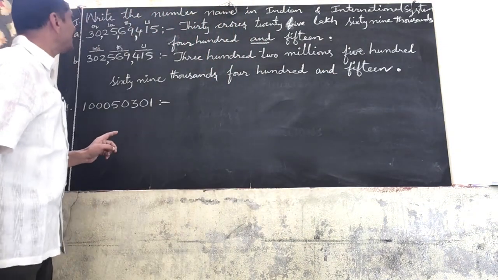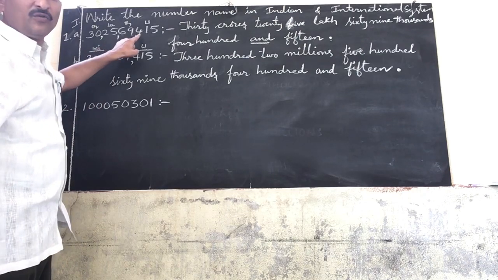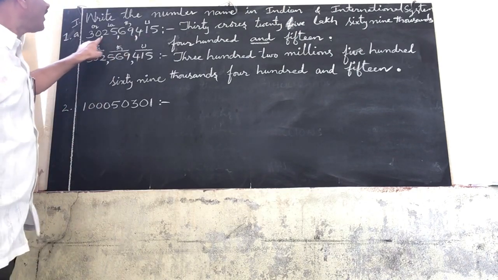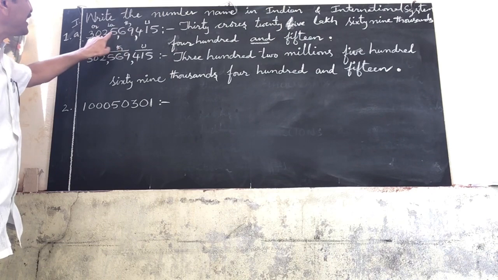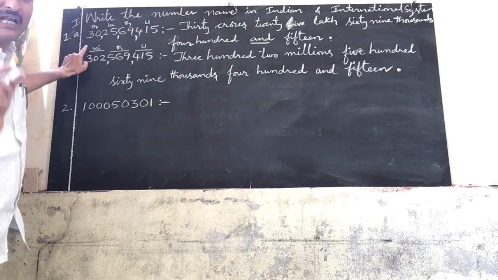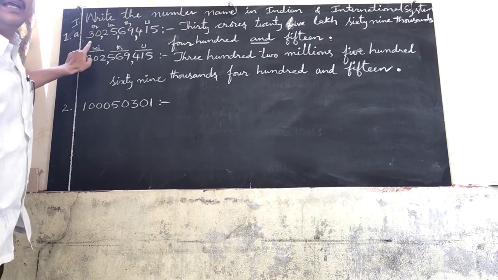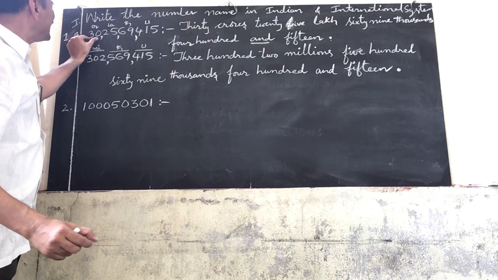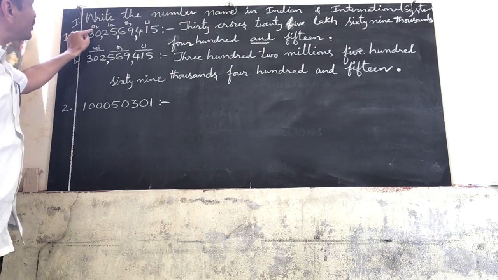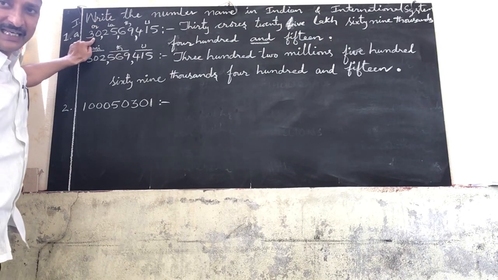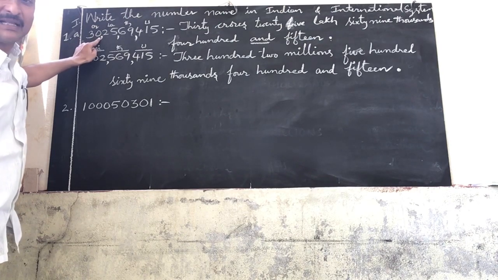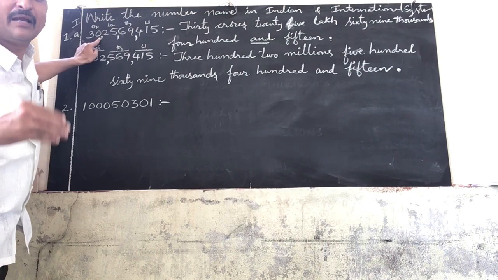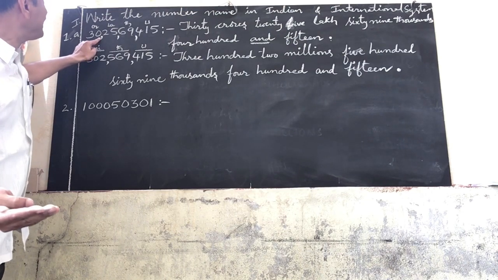Now see here carefully. We are dividing this number into 4 periods: units period, thousands period, lakhs period, crores period. While writing a number name, read the number under the period. Under the crores period, what number do we have? 30. Read the number and add the name of the period. What is the period's name?